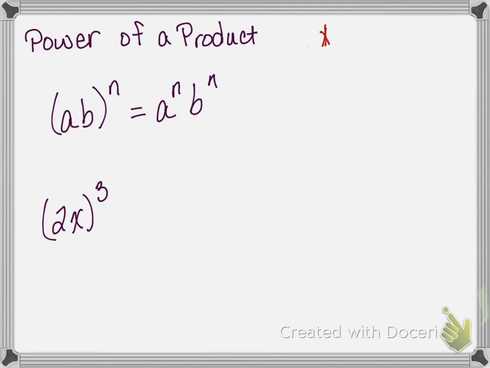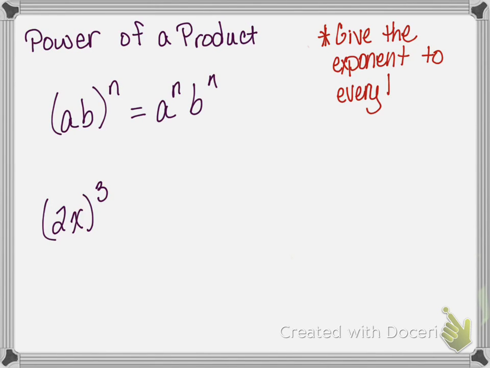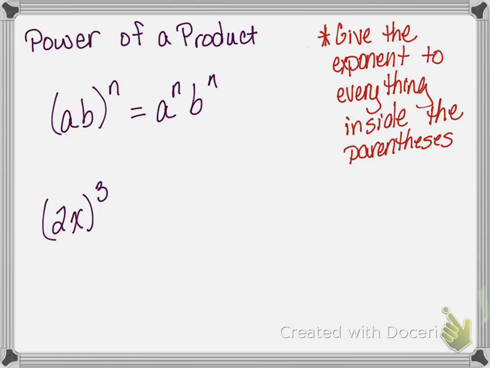So what you've got to do is you've got to give the exponent to everything inside the parentheses. Okay? So you've got to give the exponent to everything inside the parentheses.